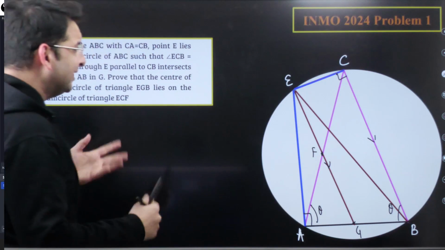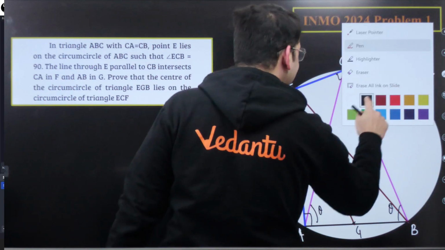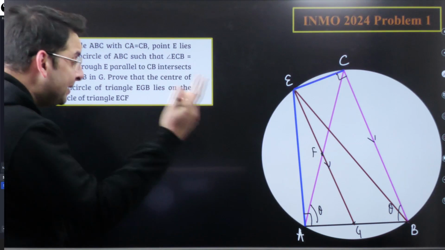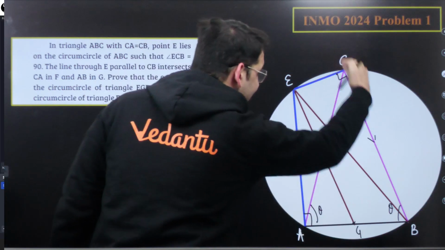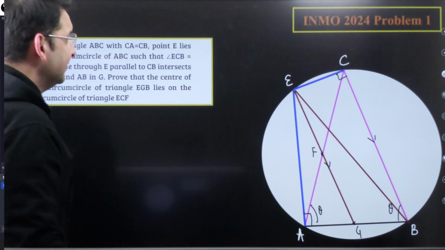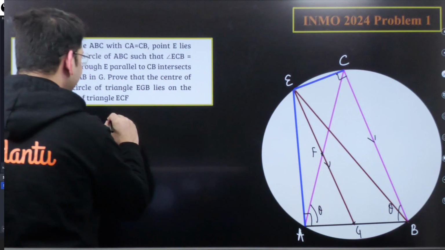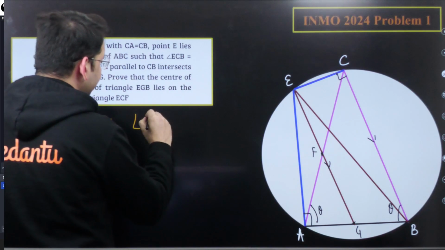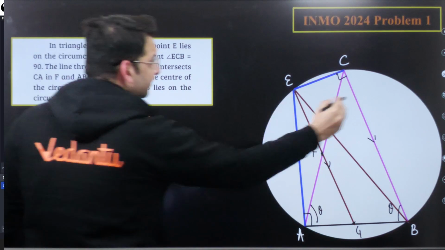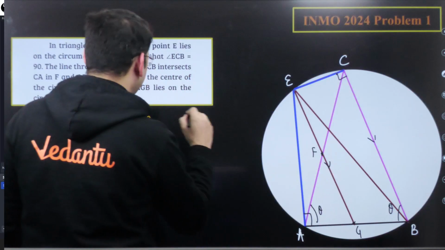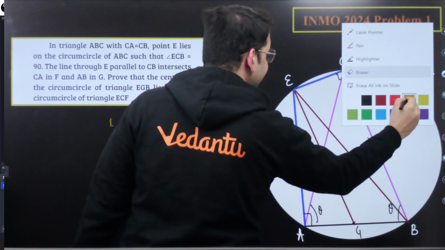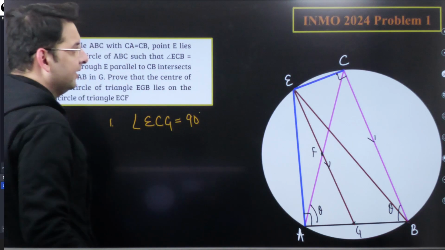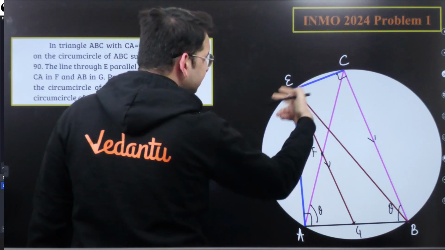If these two lines are parallel, what are the new implications? Apart from all the implications that we have already written, since this line is parallel to this line, one implication would be angle ECG. Angle ECG is 90 degrees, because of parallel lines.